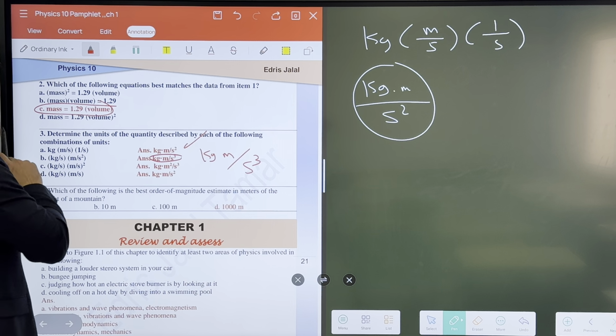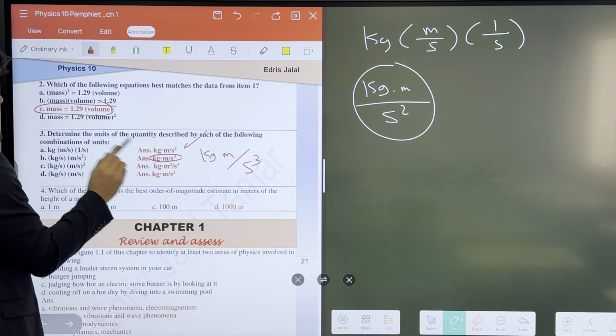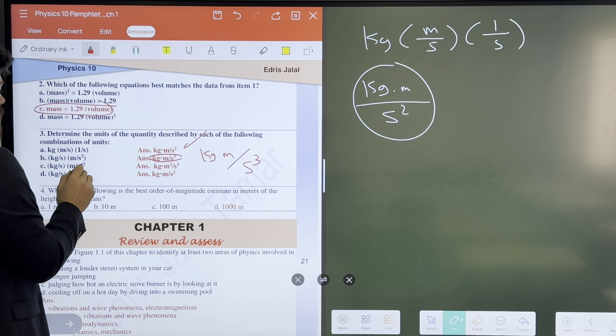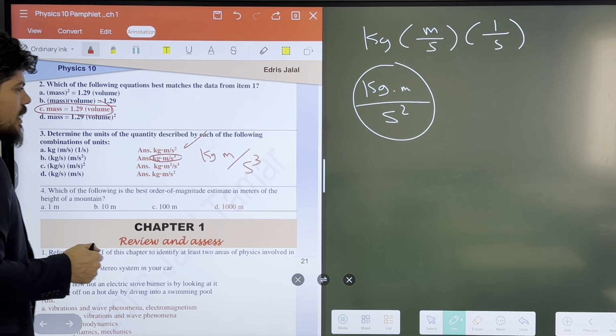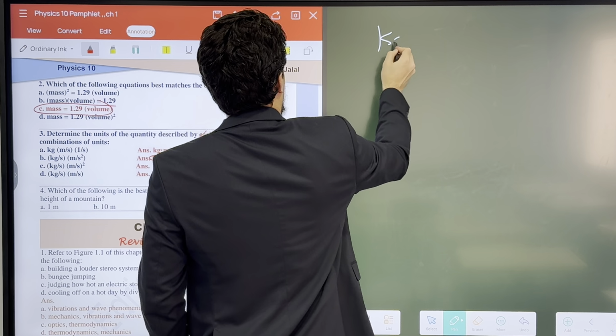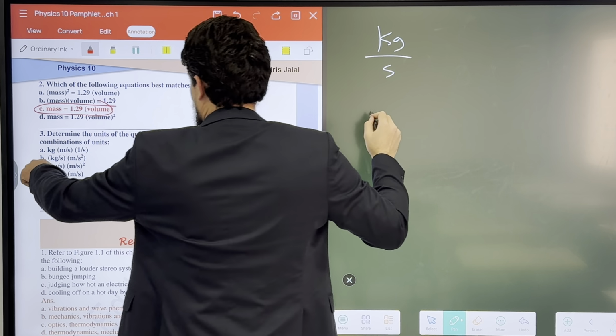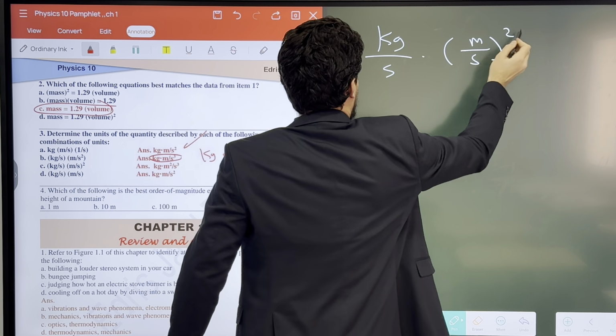Kilogram times numerator times numerator, denominator times denominator. Kilogram times meter, kilogram meter. But this square for both. Over second cubed. Okay. Kilogram per second. Look. Kilogram per second. The third one, C, times meter per second squared.